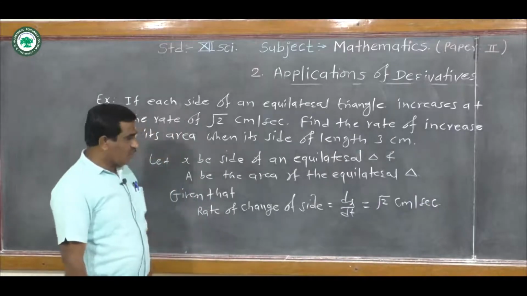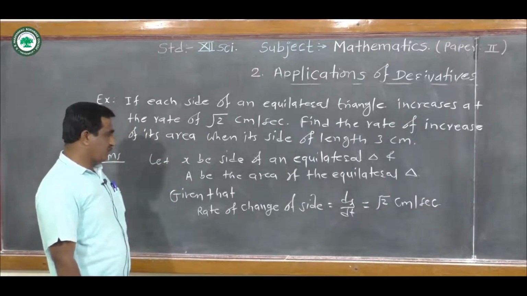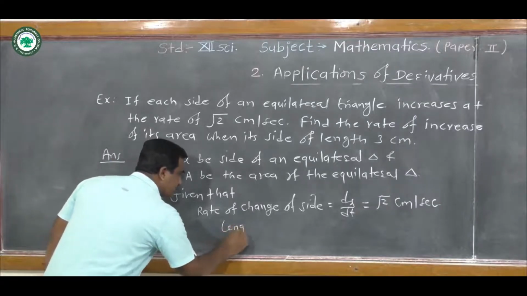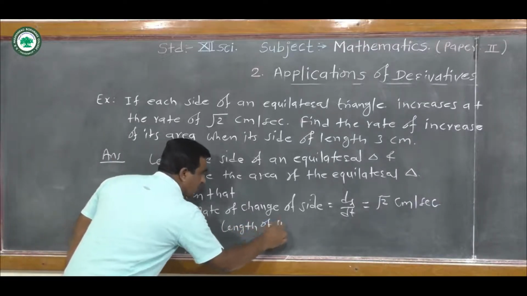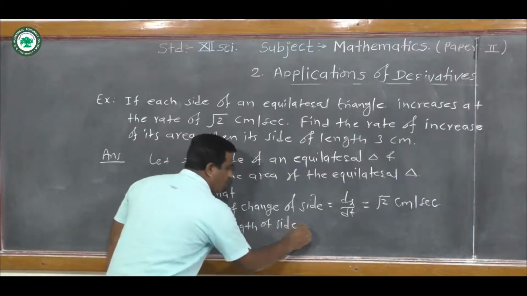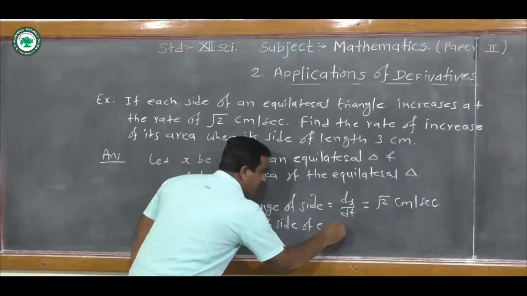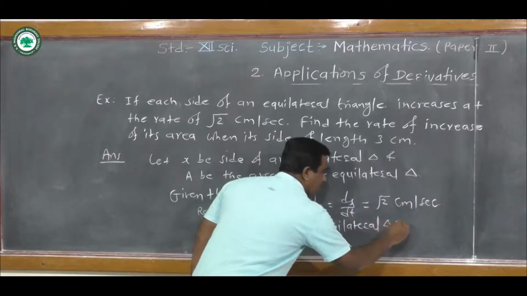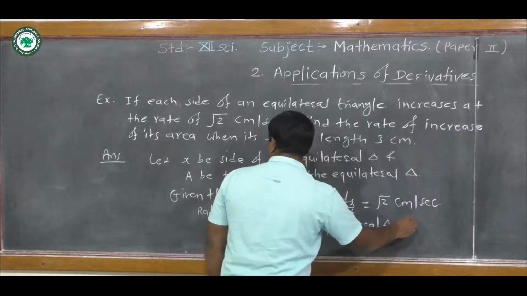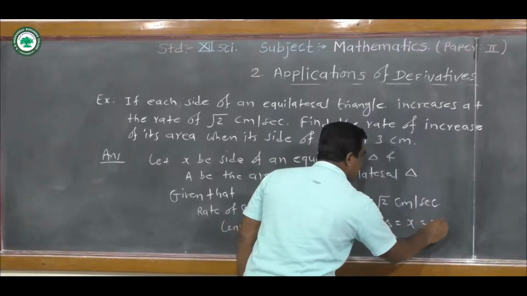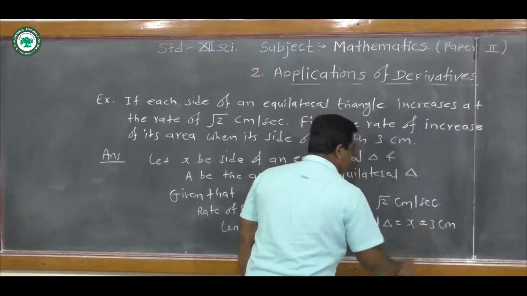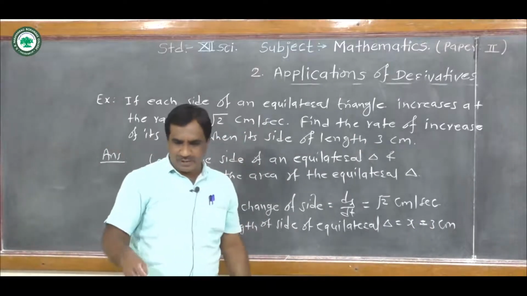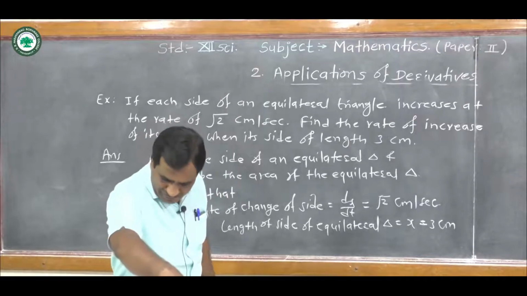Okay. Also given that the length of side of the equilateral triangle is x equal to 3 centimeter. Now we have to find the rate of change of area of the equilateral triangle.